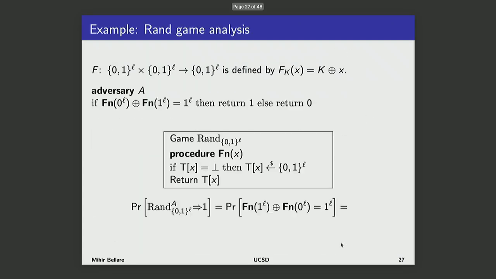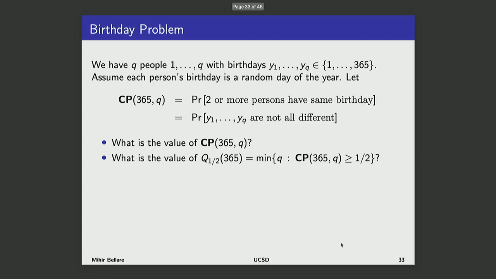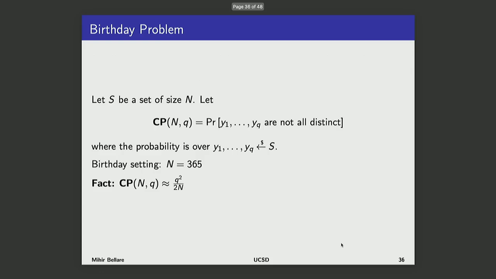We saw examples of this, and where we left off was in applying the birthday problem to say something about PRF security of a block cipher. So there, remember that the birthday problem refers to the game of picking some number q of points at random from a set whose size is big N. And we are interested in the probability, called the collision probability, that within that space, two of them are the same.